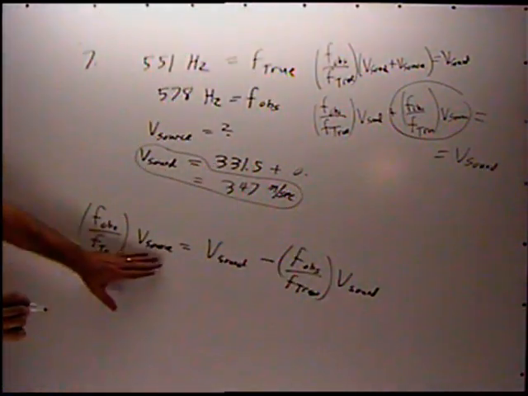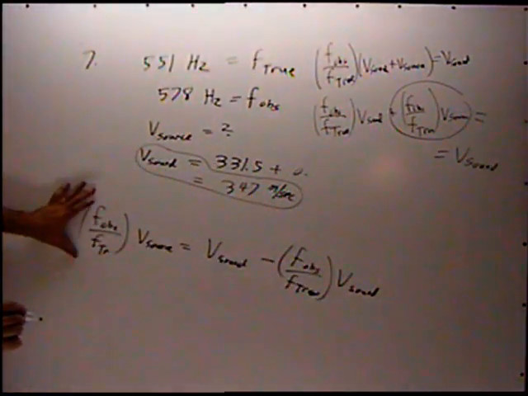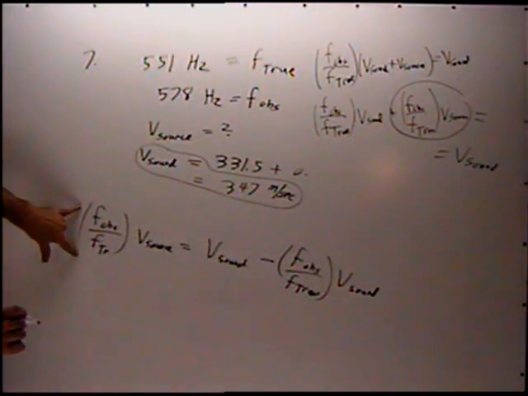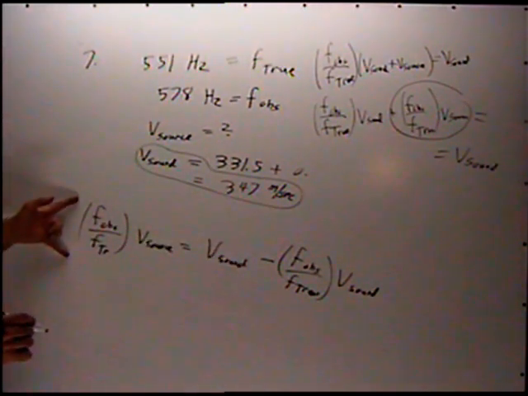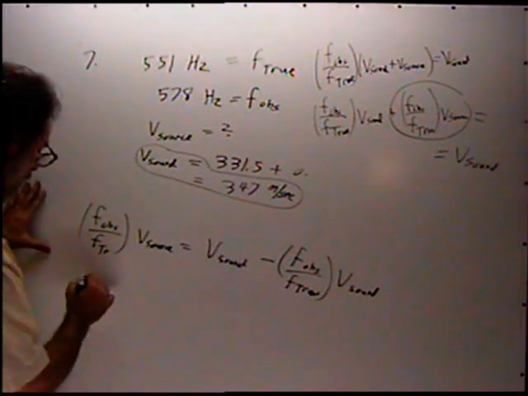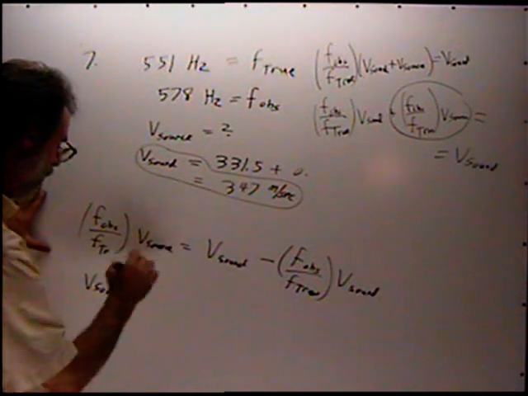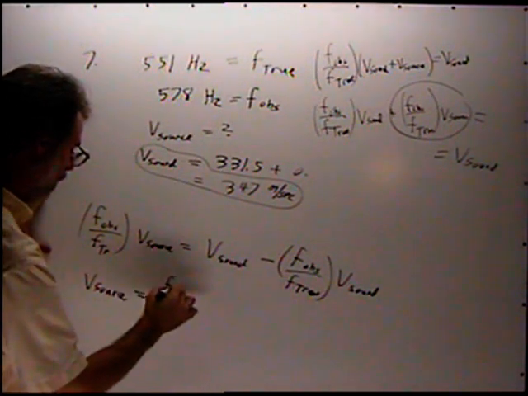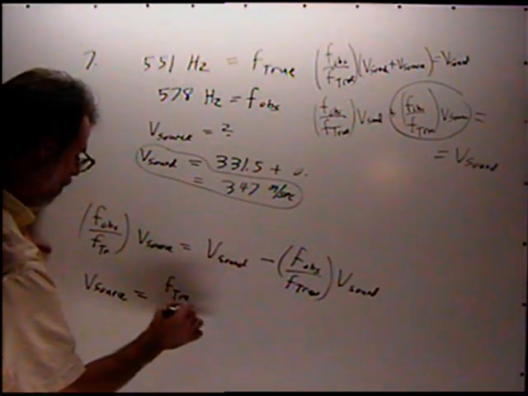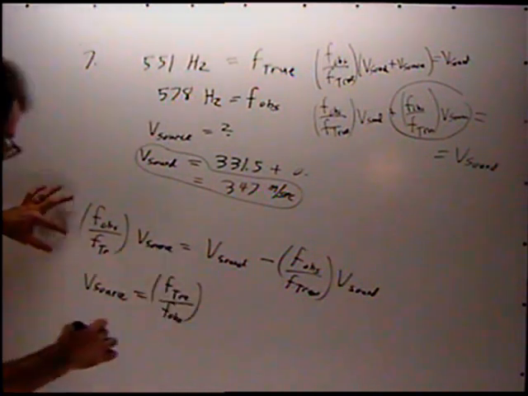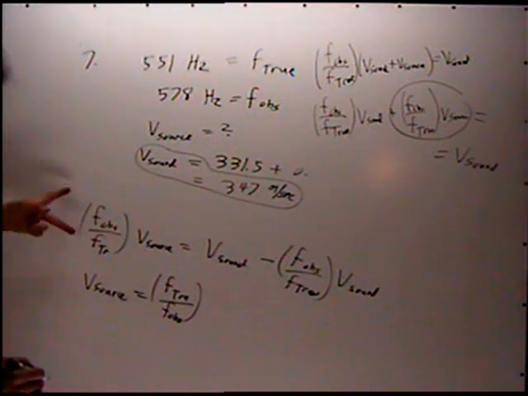Now I'm going to multiply by this ratio, but I'm going to take the reciprocal of it and multiply it, so I will get V source equals this ratio, but the reciprocal of it, multiplied through, so these cancel out.